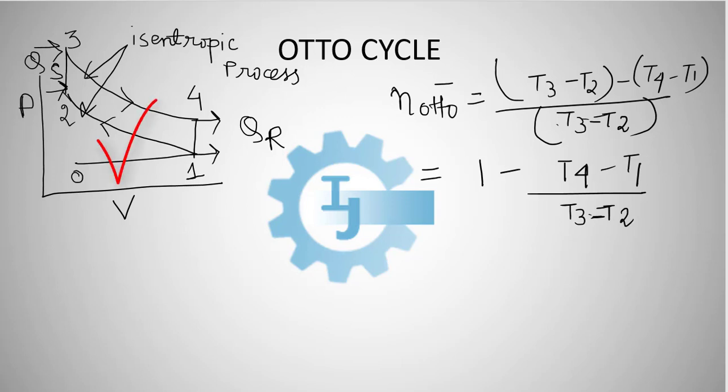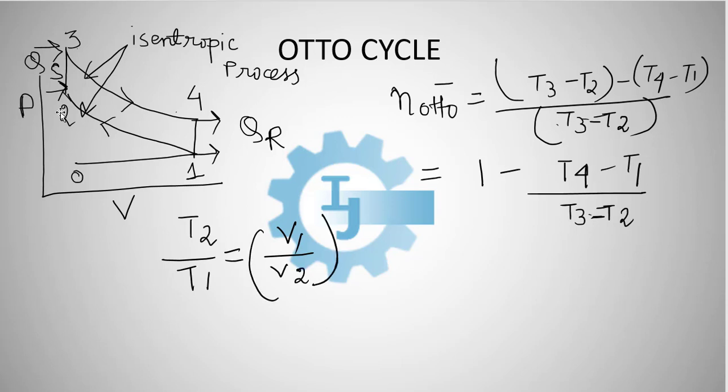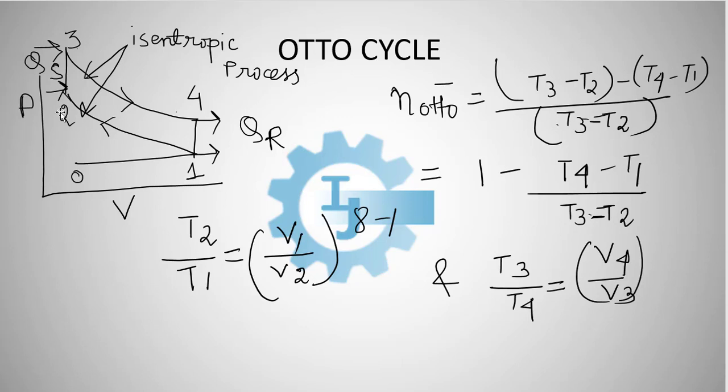The process 1 to 2 and the process 3 to 4 are isentropic processes. Therefore, we can write T2 by T1 equals (V1 by V2) whole to the power gamma minus 1, and T3 by T4 equals (V4 by V3) whole to the power gamma minus 1.